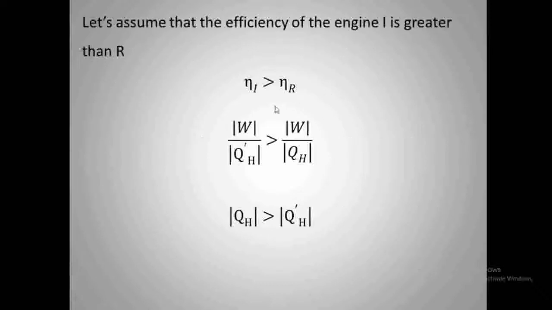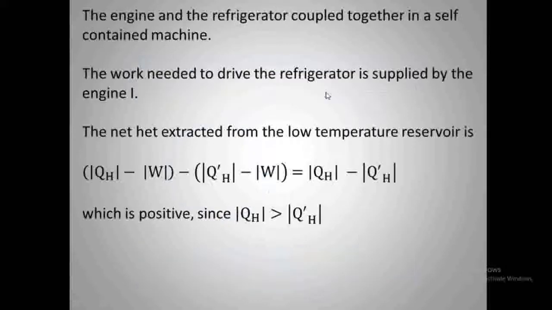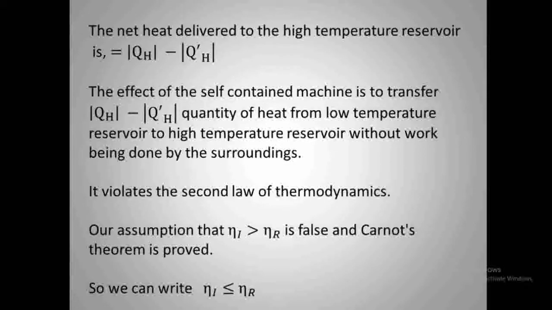We assumed a contradictory thing, that eta I is greater than eta R, and we have proved that our assumption is false since it violates the second law of thermodynamics.